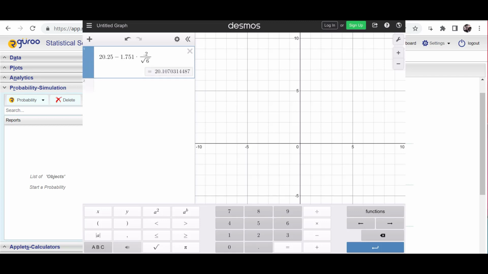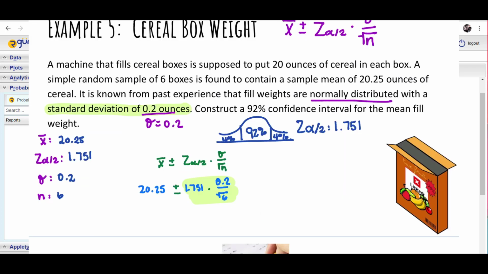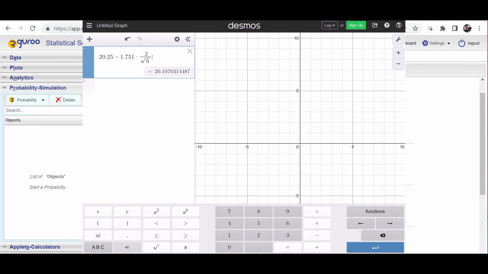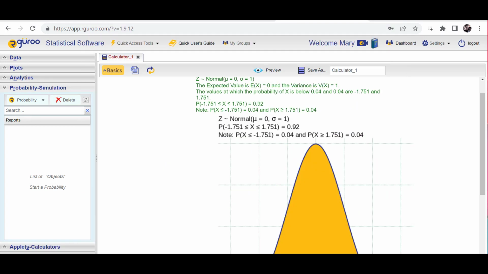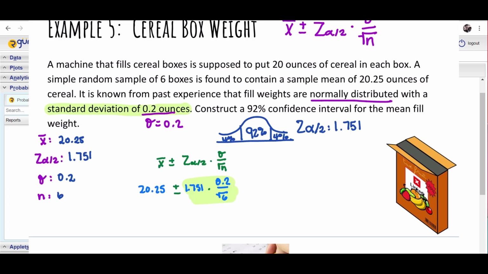Let me just double check. Yes, it is. And then if you'll look here, we got 20.107. They don't tell us what to round to. So I'm just going to go out 3.